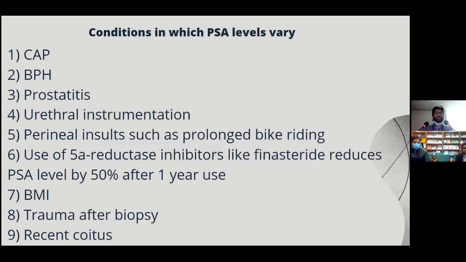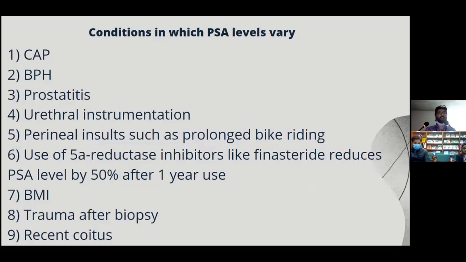These are the conditions in which PSA levels may vary. Of course, carcinoma of the prostate, benign prostatic hyperplasia, prostatitis, urethral instrumentation, and perineal insults such as prolonged bike riding, it's said usually more than 55 kilometers a day. Use of 5-alpha reductase inhibitors like finasteride reduces PSA levels by 50% after 1 year of use.